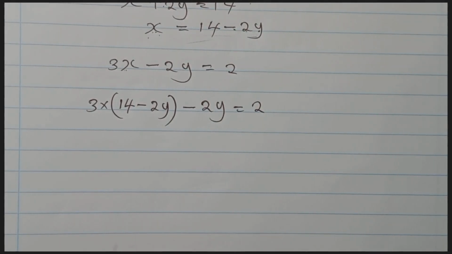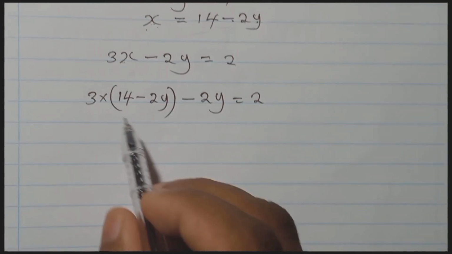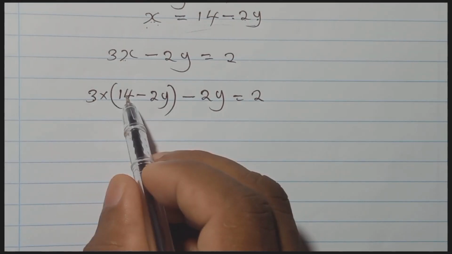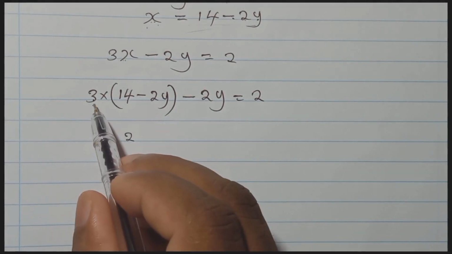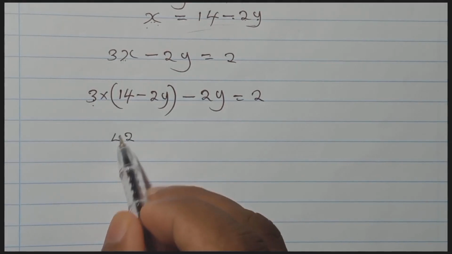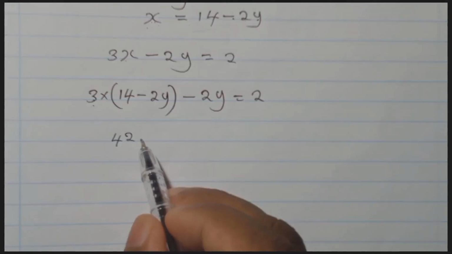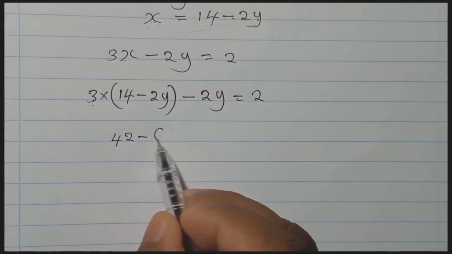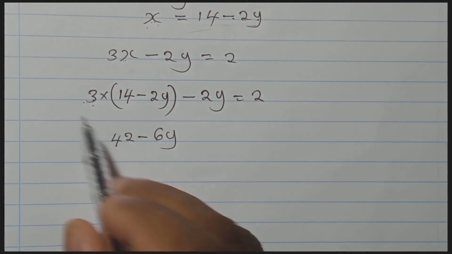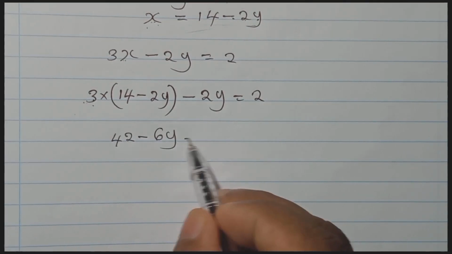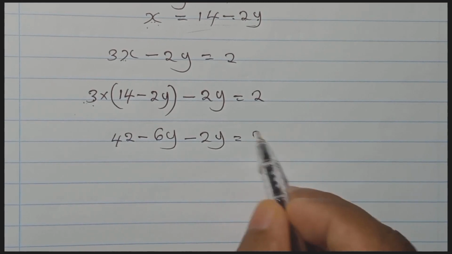Using this you can find the y answer. That's the basic idea. Let's redo here. 3 into 14: 3 into 4 is 12, keep 1 here, then 3 into 1, yeah, 42. Here 3 into minus 2y will be minus 6y, 3 into 2 is 6, plus into minus, minus 6y. Here minus 2y is already there.